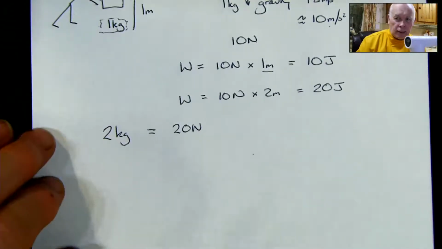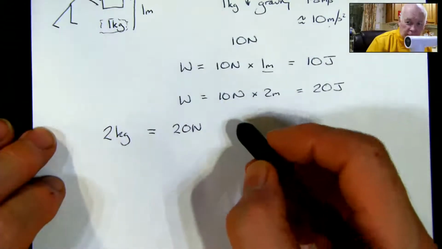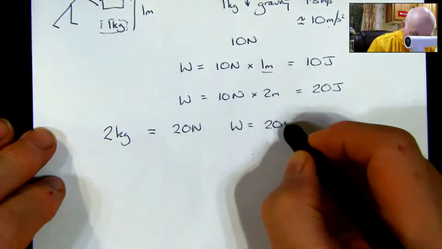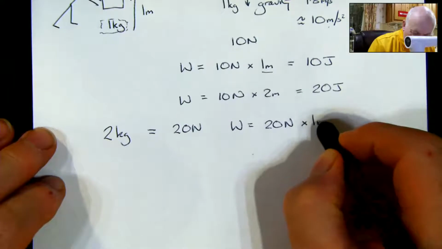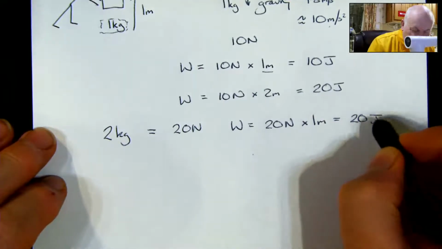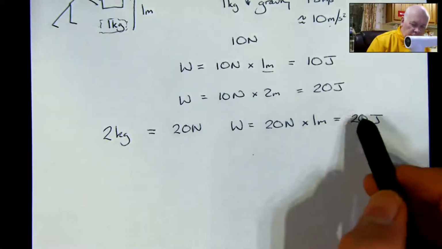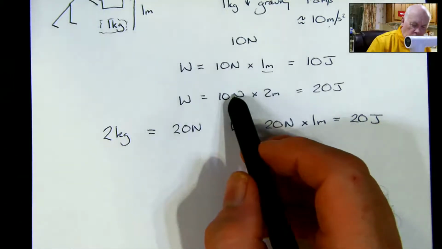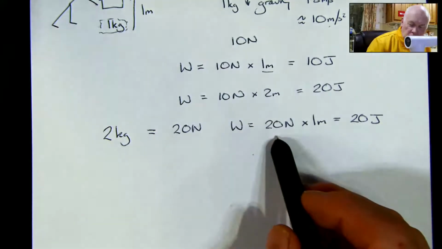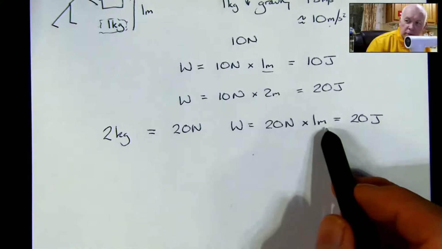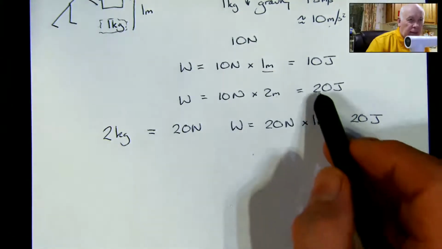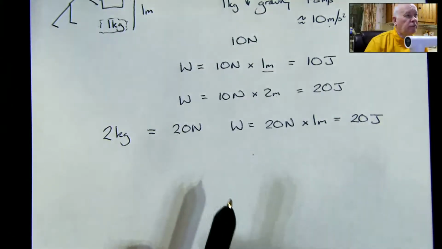So now if I multiply that, my work is going to be 20 newtons times the 1 meter, which is going to give me again still 20 joules. So it's not going to matter whether I lift 1 kilogram through 2 meters or 2 kilograms through 1 meter. I'm going to do exactly the same amount of work.